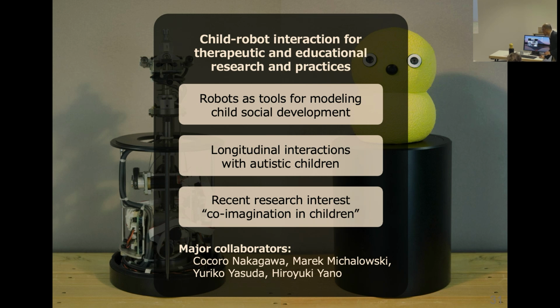Keepon can turn to 100 degrees and minus 100 degrees, so almost the whole sphere can be seen by Keepon. This is pretty interesting because we make those kids believe that Keepon is really situated in the same physical environment.